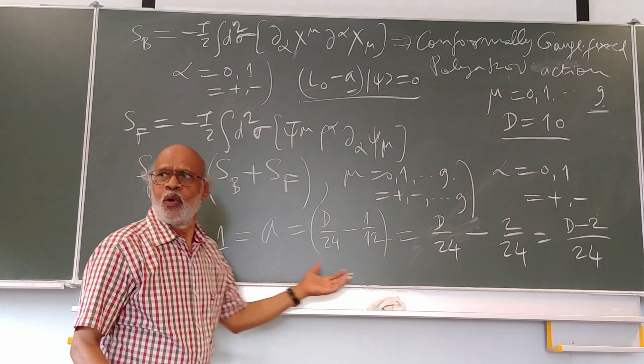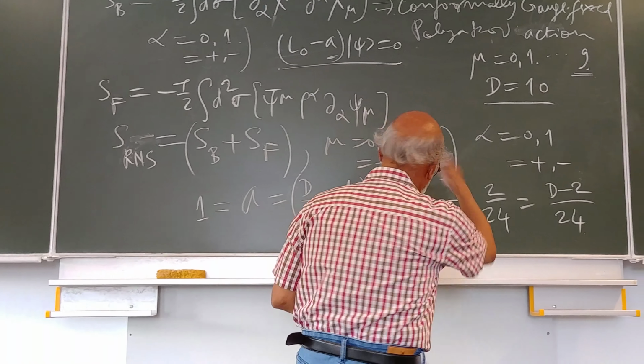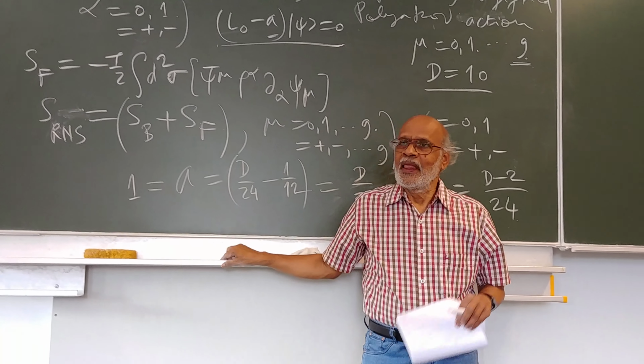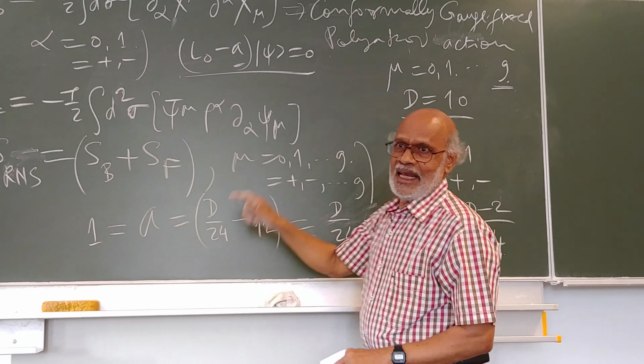This was the normal ordering constant in the theory. Similarly, you will have similar considerations here, and in this case, D will turn out to be 10.